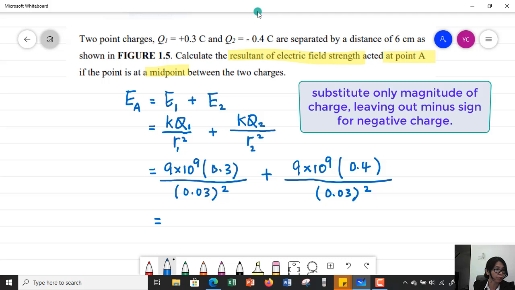When you solve it with a calculator, you might pause the video to calculate the value. You will get the resultant electric field strength at point A to be 7 times 10 to the power of 12 N C^-1. Okay, the direction will be to the right.